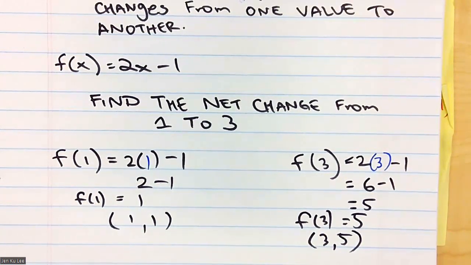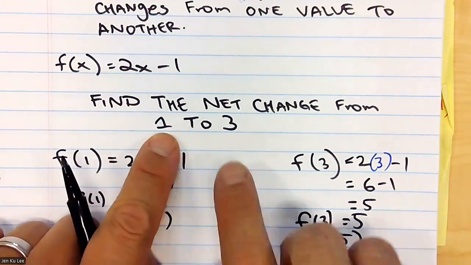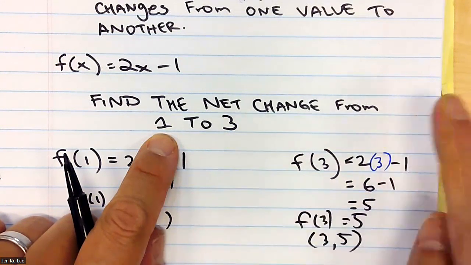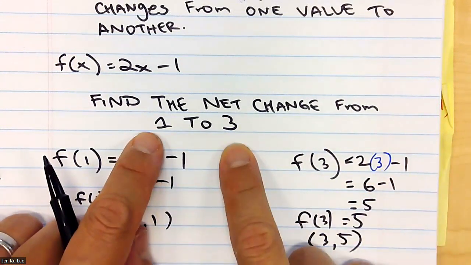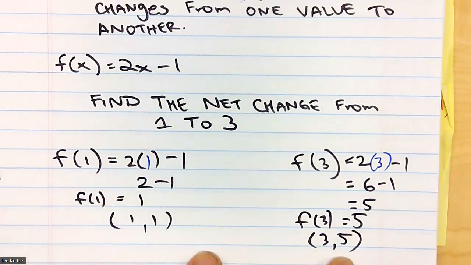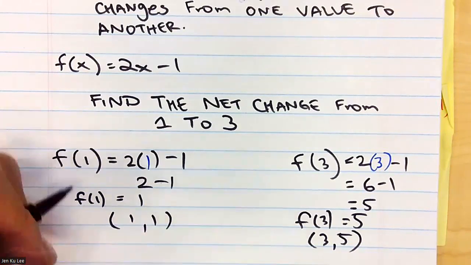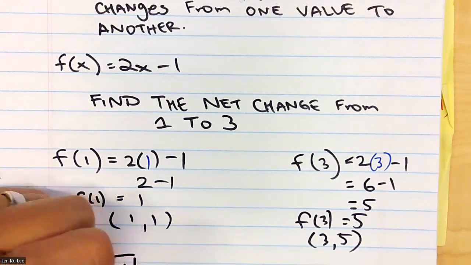So the net change is the change in y when x changes from one value to another. When x goes from 1 to 3, what's the change in y then? 1 to 5? 4. So your net change is 4.